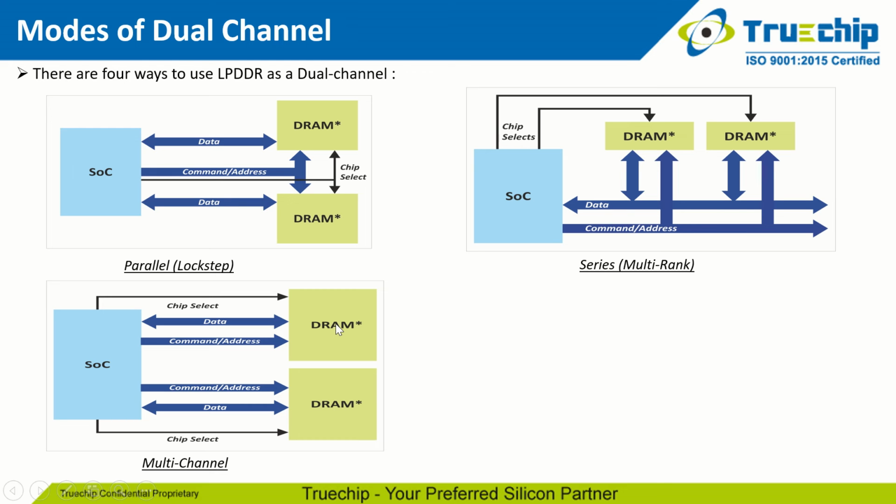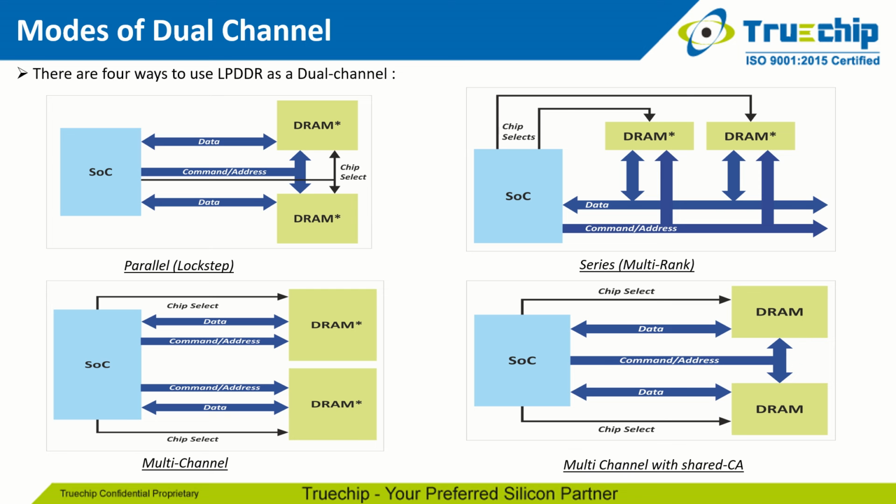Hence here, unlike in parallel lockstep mode where 64-bit data was separated out for each DRAM, we can store the whole 64-bit data bus size data in each DRAM in a single clock edge. Here, each DRAM can operate independently of the other. For example, one channel DRAM might be in self-refresh standby mode and the other channel DRAM might be receiving an activate command.